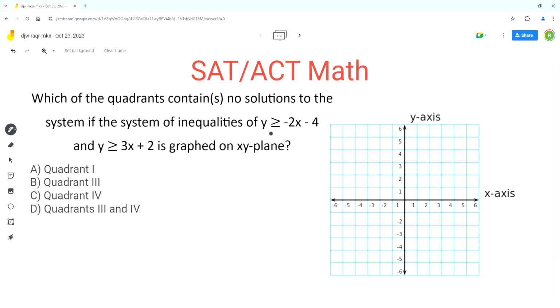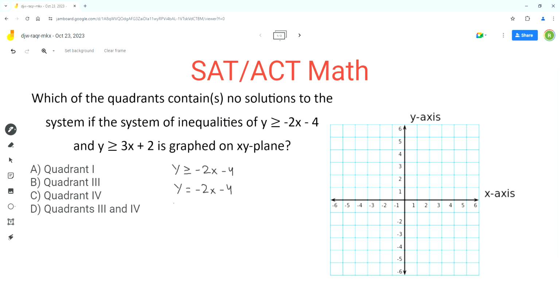So let's start with the first linear inequality. Y is greater than or equal to negative 2x minus 4. We should first graph this inequality as an equation. This is a linear equation in slope-intercept form.